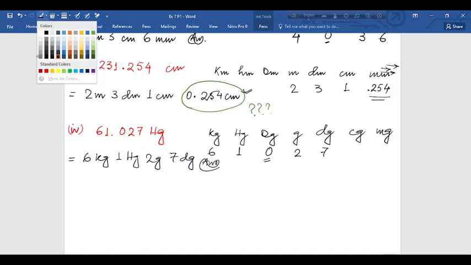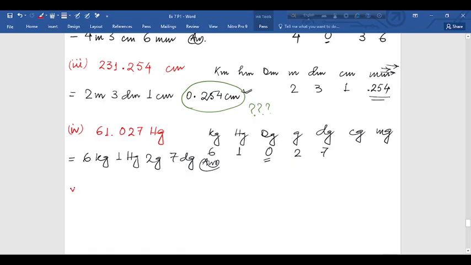You see, 5 part 5, which is 0.341 decameter.